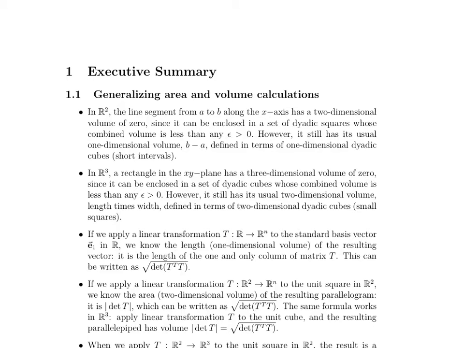Note that the dimensions of what we're trying to compute, the dimensions of those dyadic cubes, that would be a 3-dimensional dyadic cube. That's a unit of volume. It matches the dimension of the space. Similarly, finding area of a region in the plane, right? Area, using 2-dimensional dyadic cubes there, that's the same dimension as the dimension of the space.